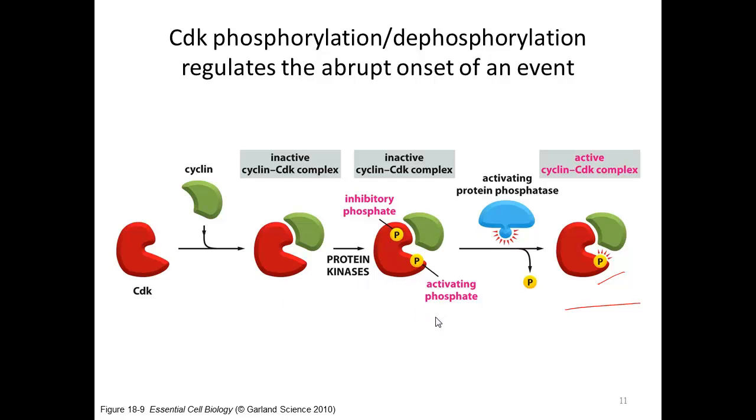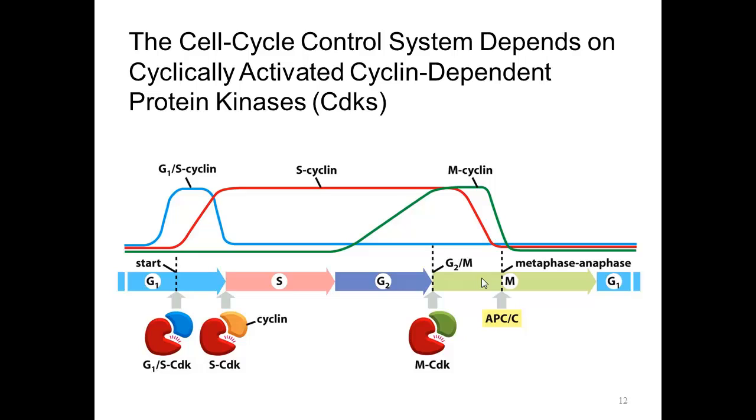Initially it's phosphorylated, but it's not active because there are also inhibitory phosphates which then get cleaved off, and that produces the final active form. Now this complex with the kinase subunit will go on to phosphorylate transcription factors and other genes that are required for promoting all the molecular events of a new phase.